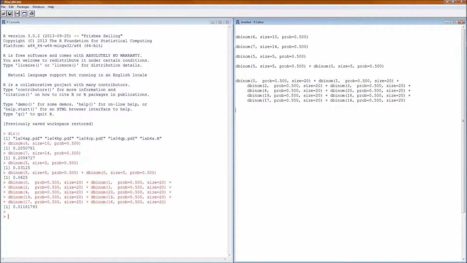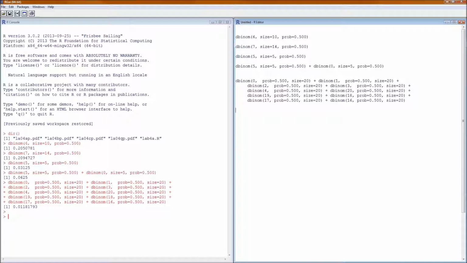Altogether, this is going to be the probability that I get 4 heads or 4 tails. And it's about 1.2%. Because 1.2% is less than 5%, we reject the claim that the coin is fair.